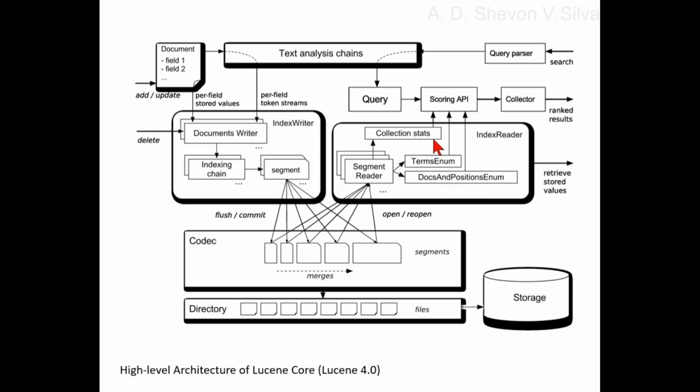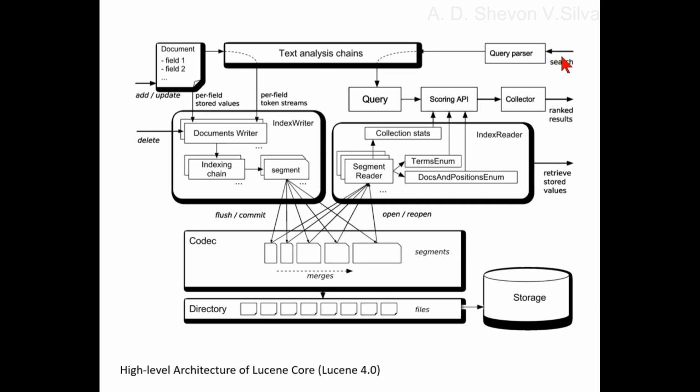Collection stats and term enum and doc and position enums are connected to the scoring API here. Segment reader, collection stats, terms enum and doc and position enums are in the index reader. Index reader provides retrieve stored values here.